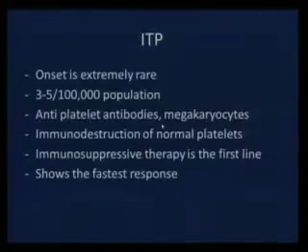So the patient will have anti-platelet antibodies, megakaryocytes in peripheral smear or in bone marrow. 3 to 5 per 100,000 population, that's what the usual prevalence is. Immunodestruction of normal platelets, that's the mechanism. Immunosuppressive therapy should be the first line treatment and it shows the fastest response.